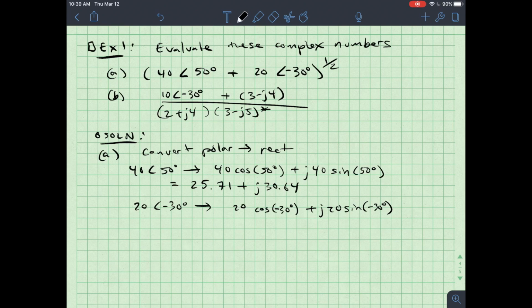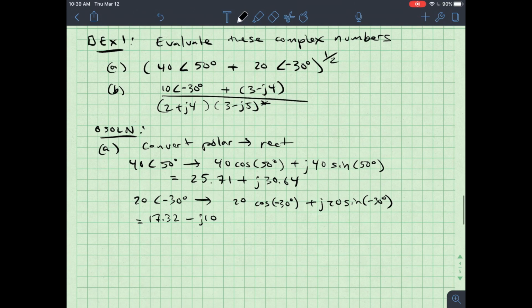And that gives me 17.32 minus j10. And so I can add these things together. So let's do that: 25.71 plus 17.32, plus j times 30.64 minus 10.